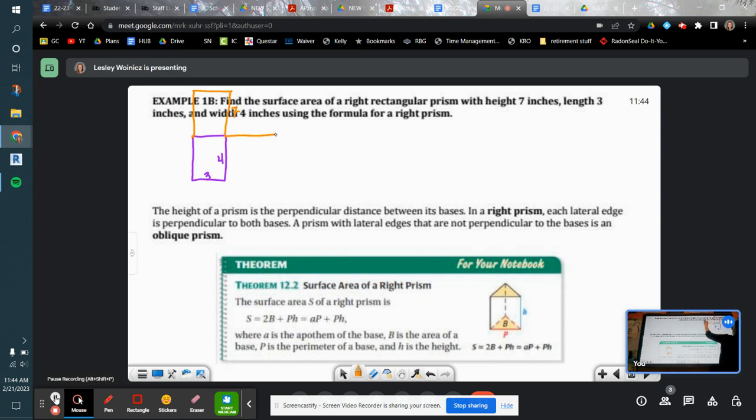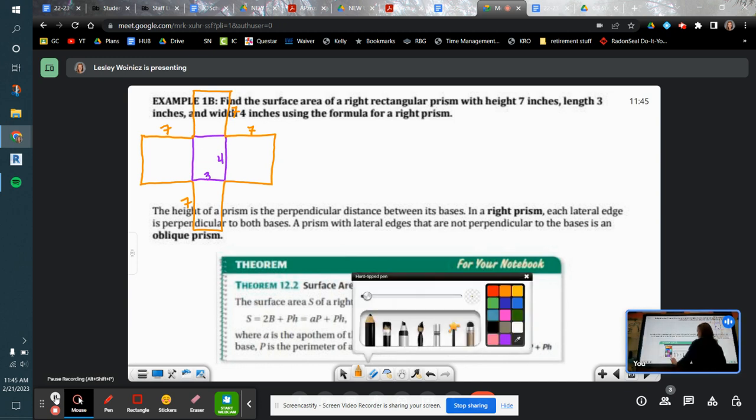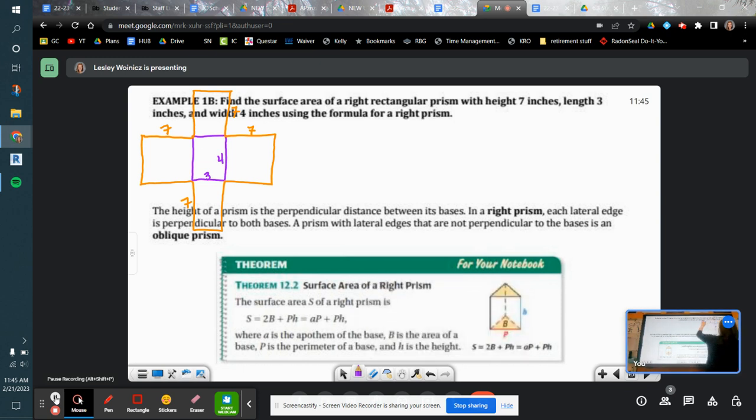We really do know what not to do. Okay, so right now, my box does not have a lid. So I'm going to add a lid. That's another 3 by 4.